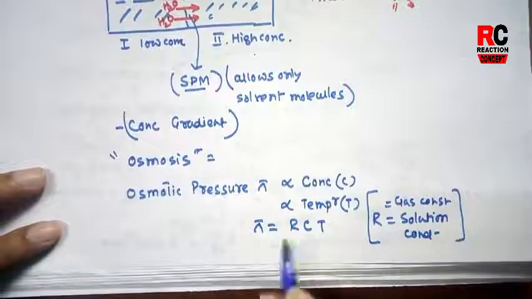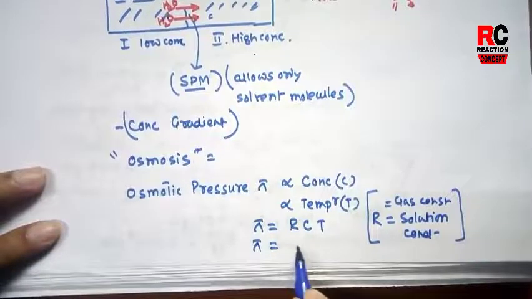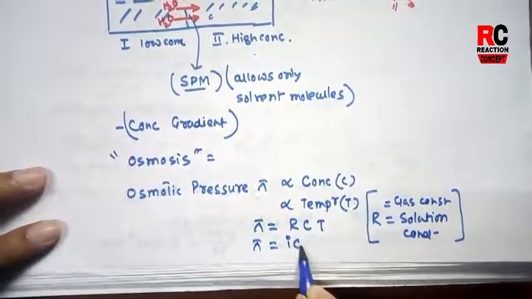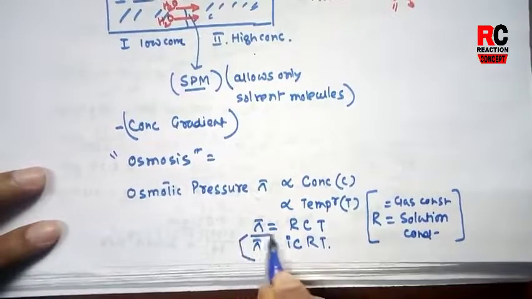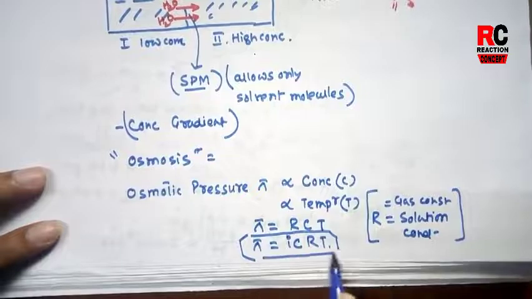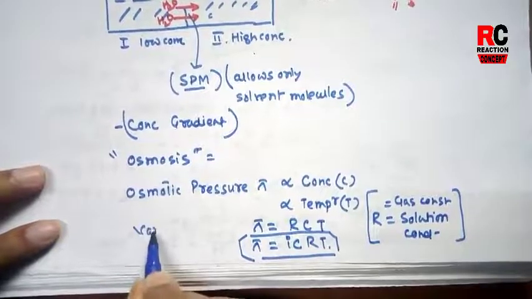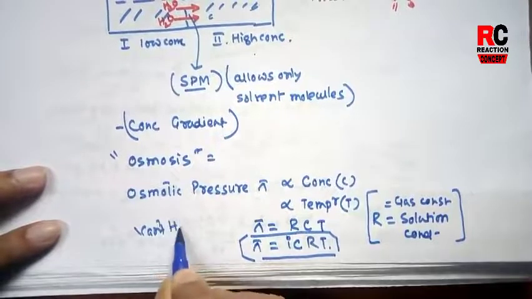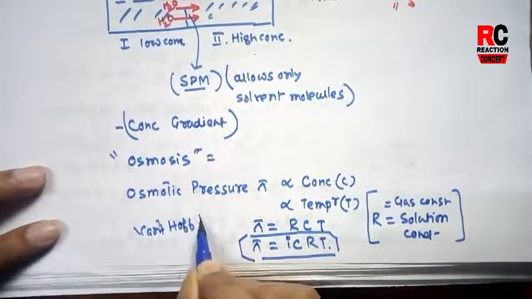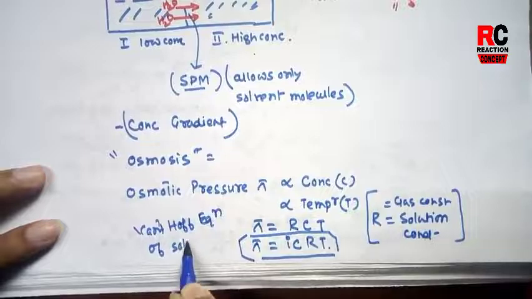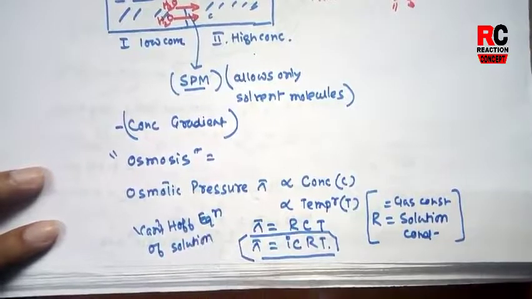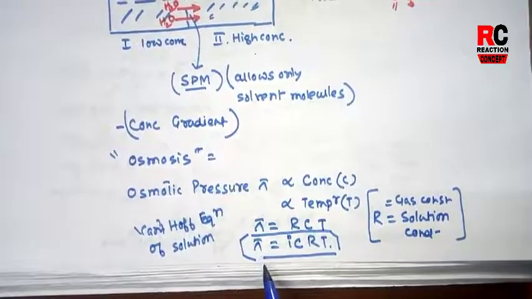If we introduce the Van 't Hoff factor, then it will be i into C into R into T. So this equation is called the Van 't Hoff equation of solution, where pi is the osmotic pressure.